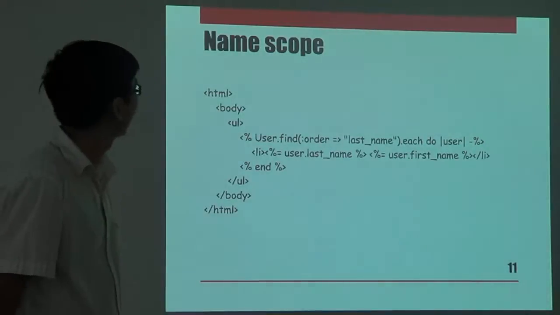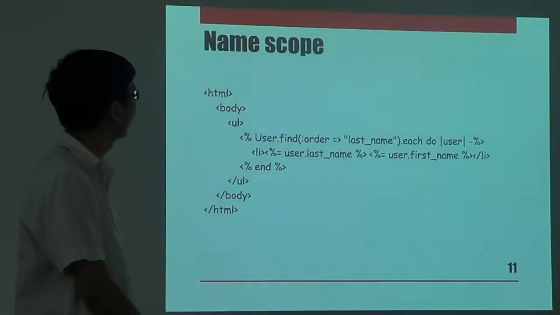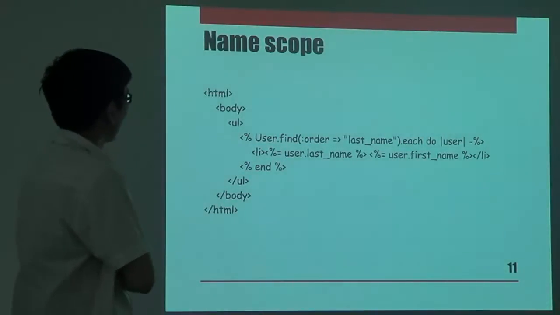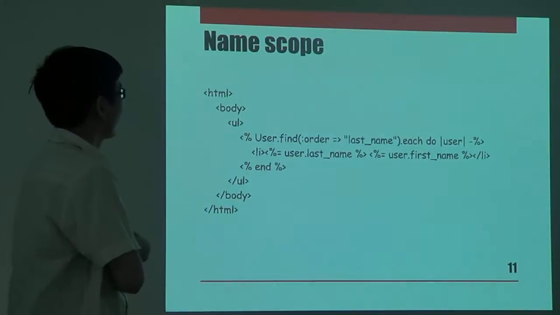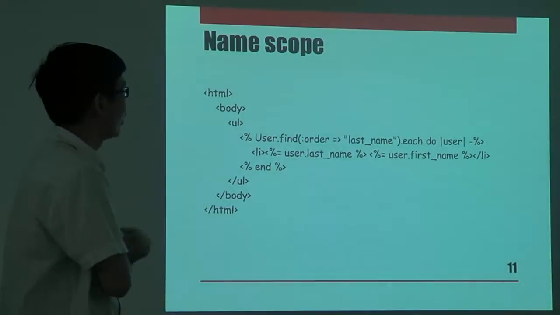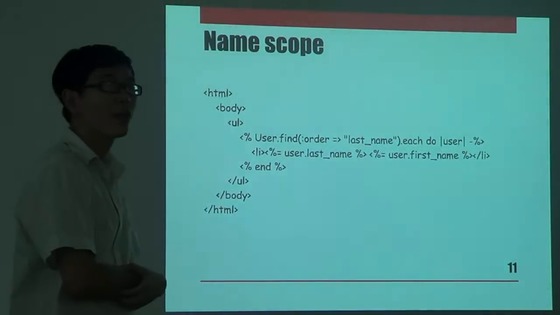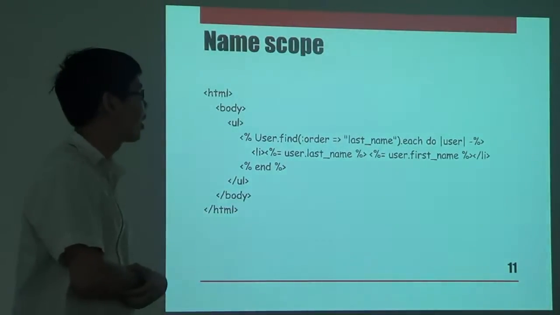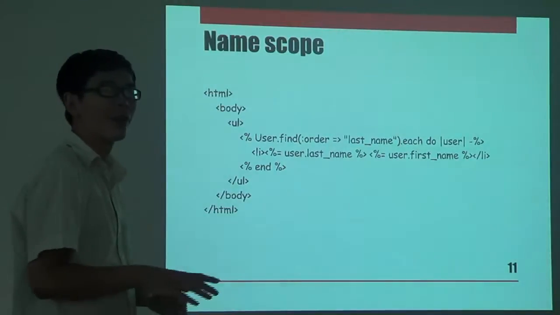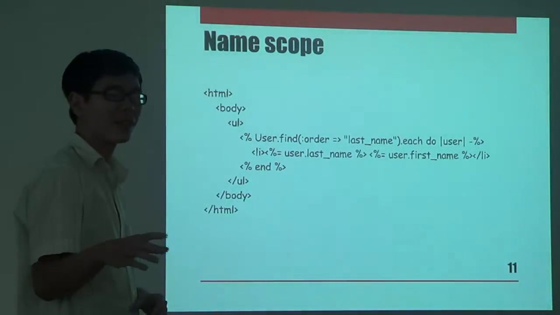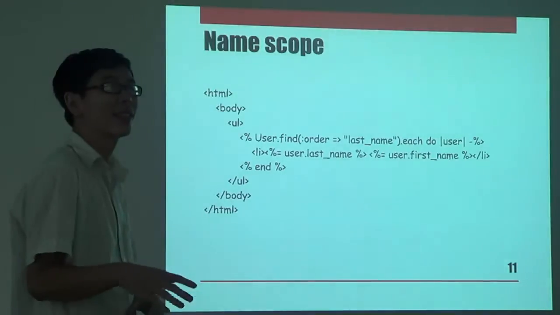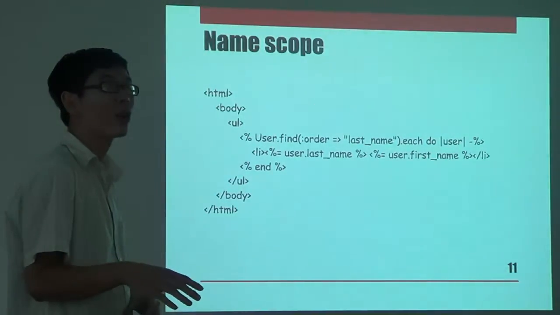Okay. So another tip when we are using Rails is that, for example, we have a situation like this. When you use programming in PHP, you usually have your MySQL query mixed in the HTML code.